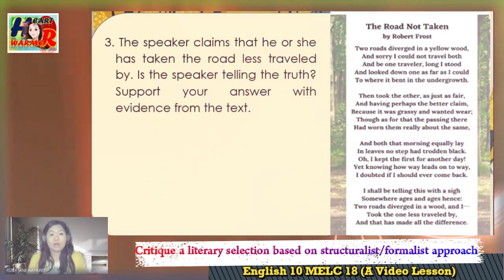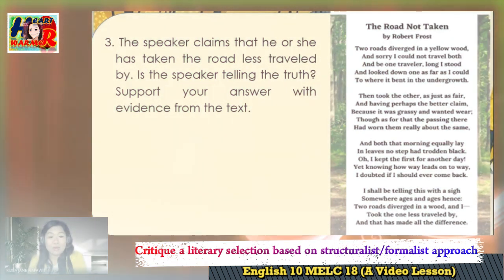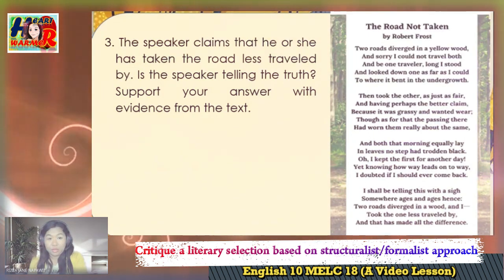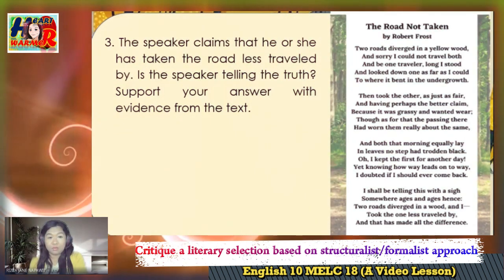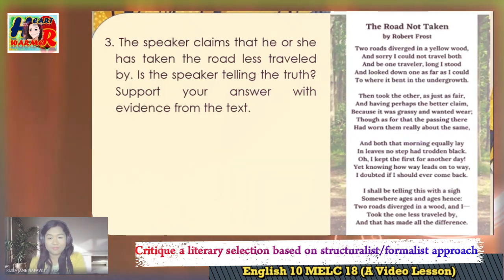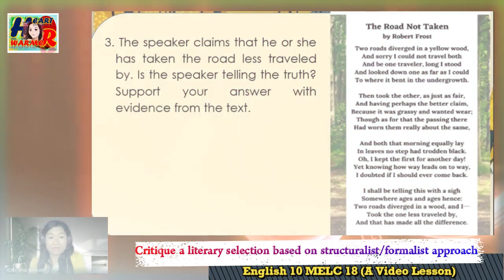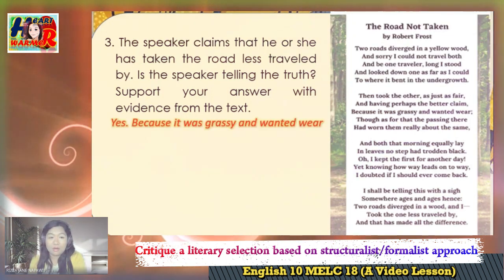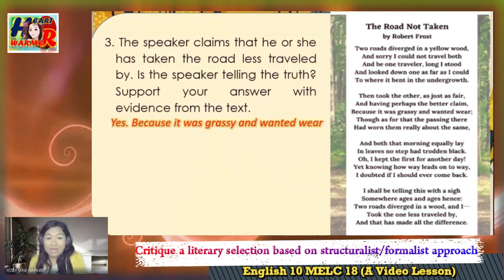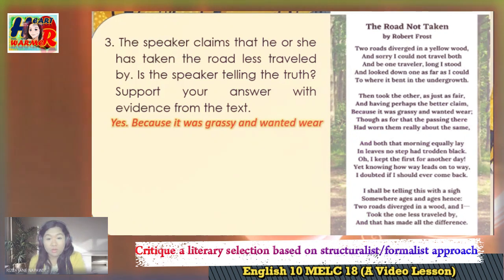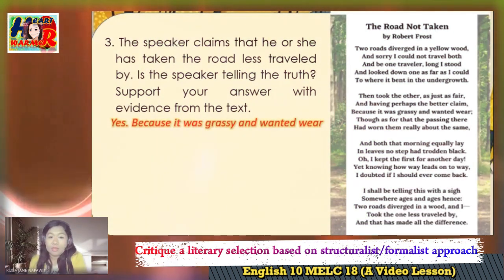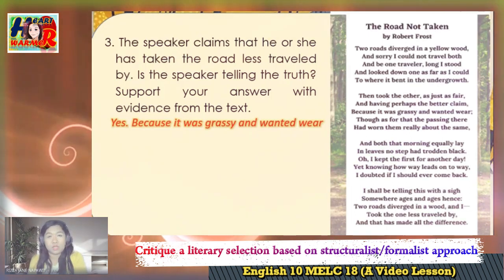Number 3, the speaker claims that he or she has taken the road less traveled by. Is the speaker telling the truth? Support your answer with evidence from the text. Yes, this is quite easy because you can see here "it was grassy and wanted wear." So if it's grassy, obviously, it is something that is not traveled much.